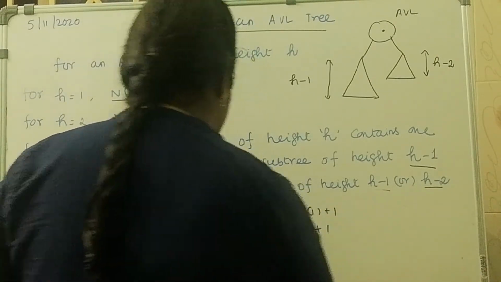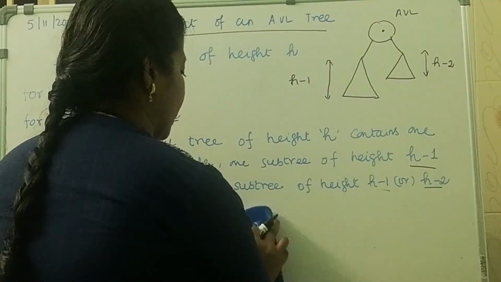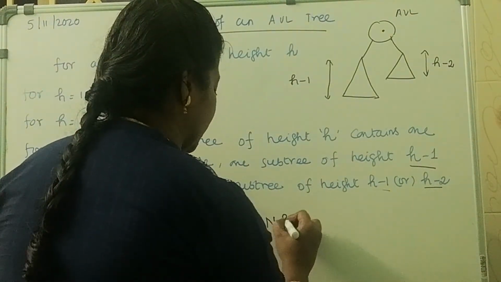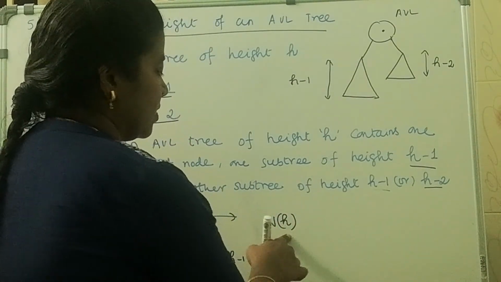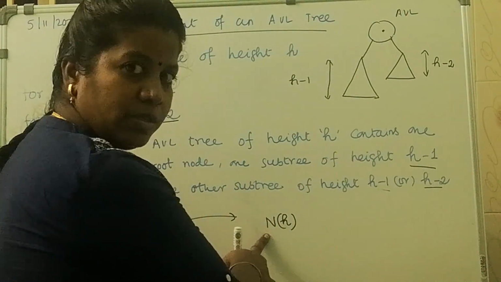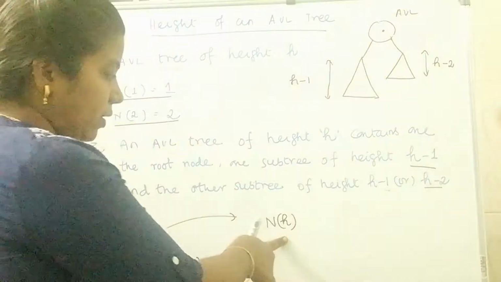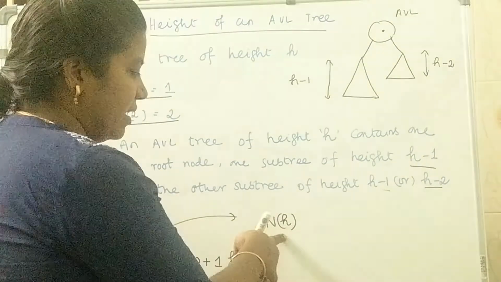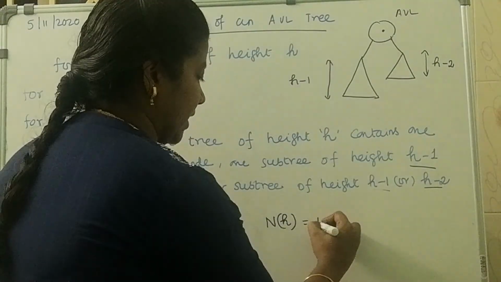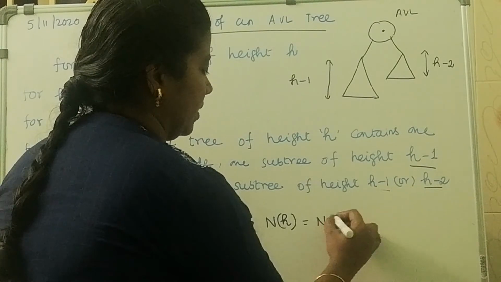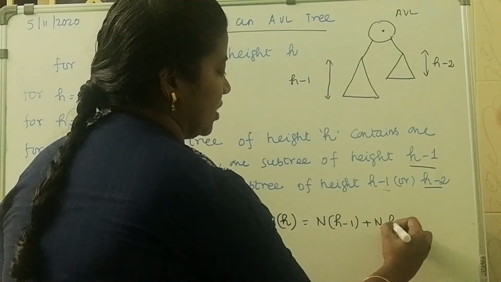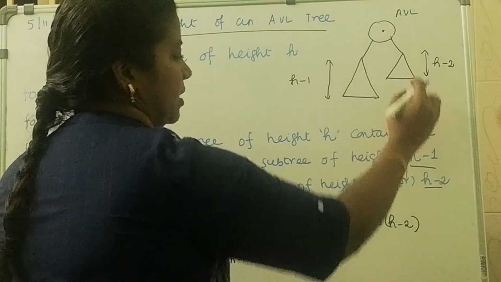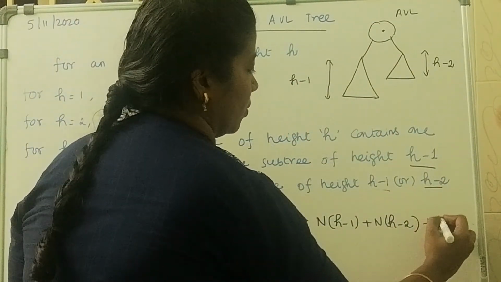Okay, so I can write a general mathematical formula as n of h. For any h, n of h is the minimum number of nodes of an AVL tree whose height is h, which is n of h minus 1 plus n of h minus 2, plus this node, the root node, plus 1.